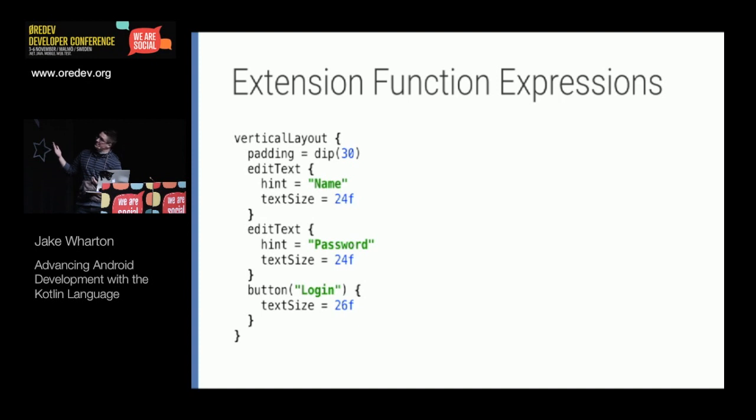These are just a bunch of extension function expressions which create instances of these classes, add them to their parent, and set the right properties. And instead of the concepts that we use in XML, like including layouts, you can just call a method that returns this partial layout and compose these things together.